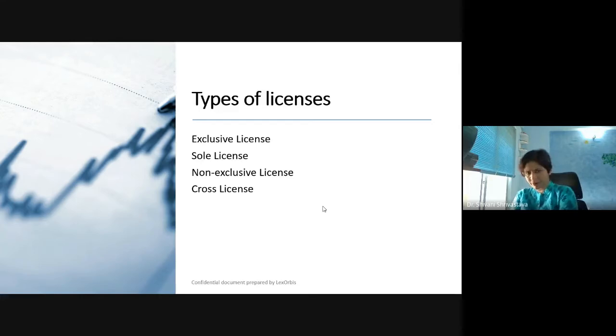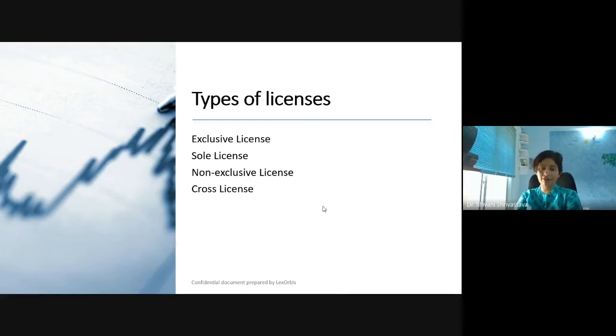There is one more option when we are talking about exclusive license. An exclusive license can be given depending on certain conditions. For example, it can be given for a certain or limited time, maybe for 2 years or 3 years as per the requirement.